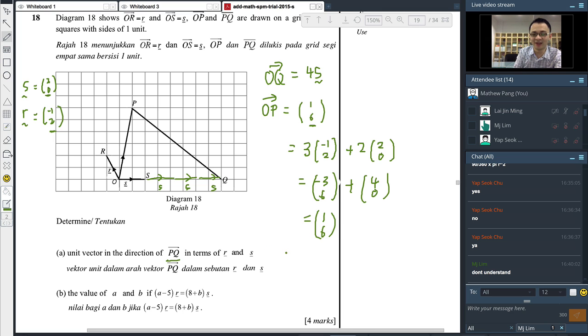Okay, so therefore I know OP will equal 3R plus 2S. Okay? Yeah, this is how to use the mathematical method to solve this one. If you cannot understand, then we do something interesting.